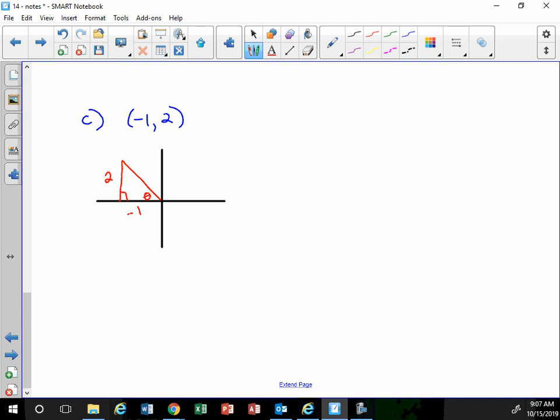It looked like you guys did a good job drawing your triangle, so that's huge. And did you get square root of 5 as your hypotenuse? Okay.